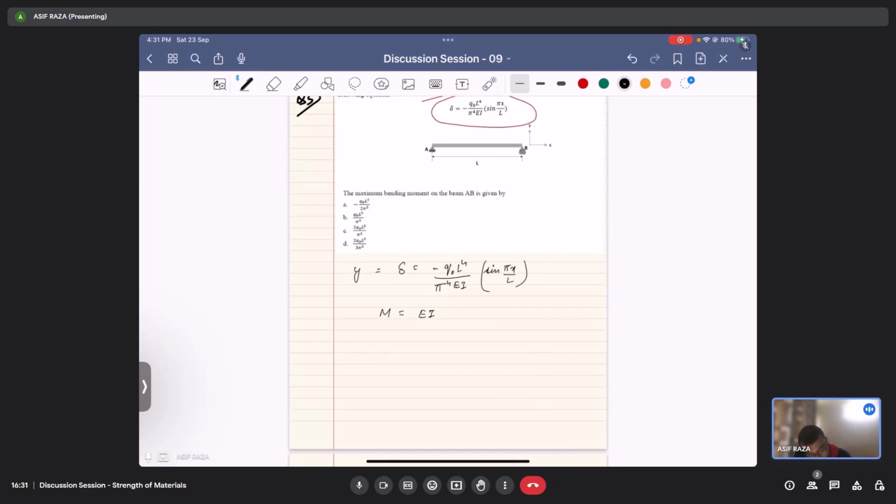And d2y by dx square is actually the second derivative of this deflection curve with respect to x.